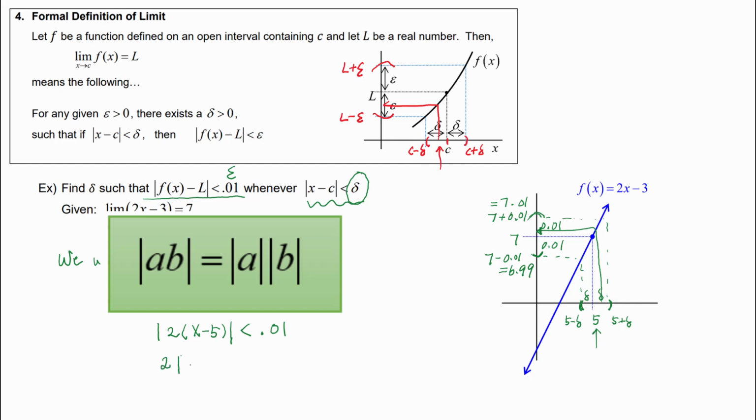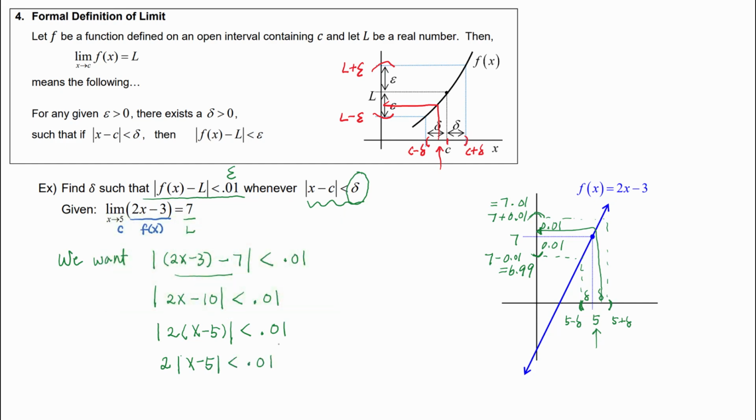So we have now 2 times the absolute value of x minus 5 is less than 0.01. Then we divide both sides by 2, and we get the absolute value of x minus 5 has to be less than 0.005.